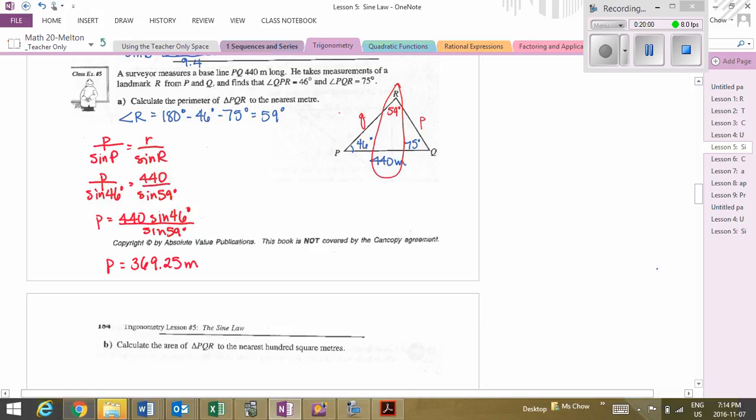So let's take a look at finding length Q. Again, we'll have Q over sine of Q is equal to R over sine of R. And so Q over sine of 75 degrees is equal to 440 over sine of 59 degrees.